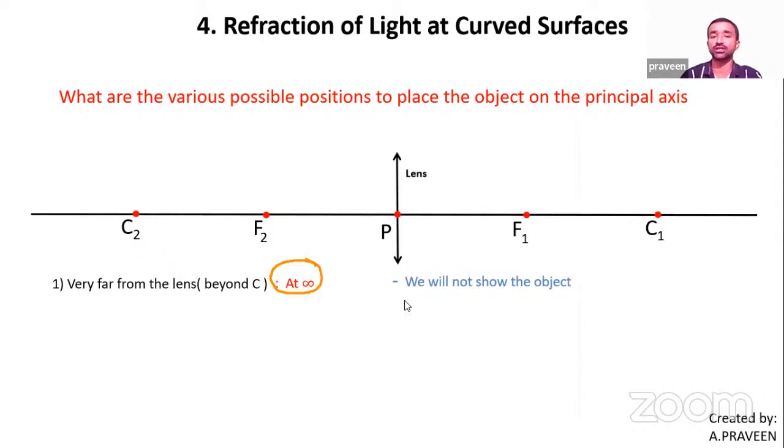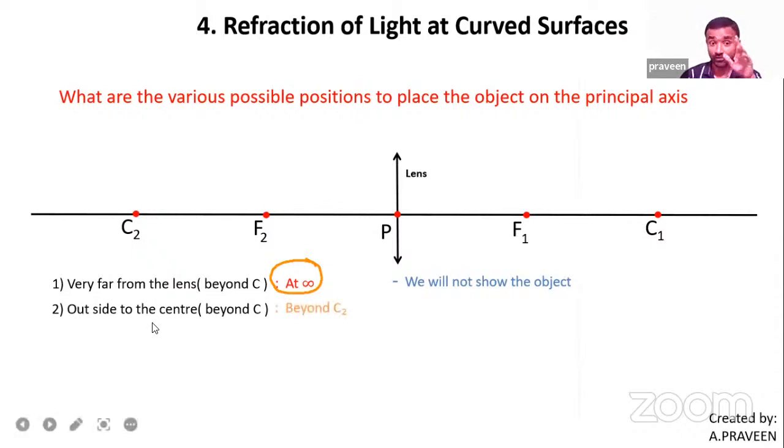The next position is beyond the center of curvature, but somewhat nearer. Outside the center, but a measurable distance, we simply consider it beyond the center, that is, outside C2.